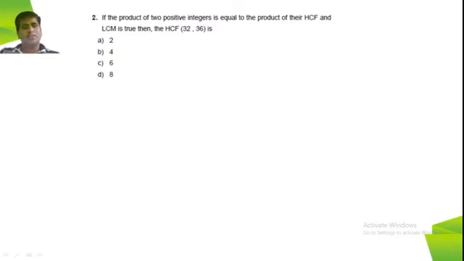Indirectly he is asking: A into B, the product of two numbers, is equal to their LCM into their HCF.